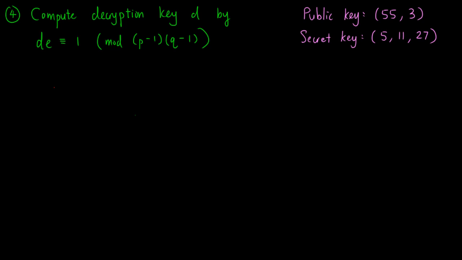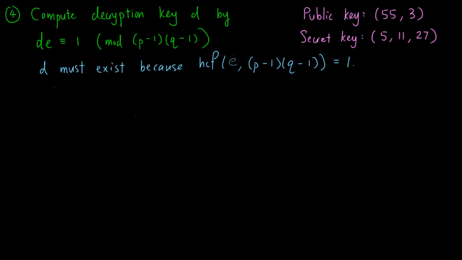The fourth step is to compute a decryption key, d. By the congruence equation, d times e is congruent to 1 mod (p-1) times (q-1). Here we know that d must exist because the HCF of e and (p-1) times (q-1) is 1, and this is a result from the fourth video.